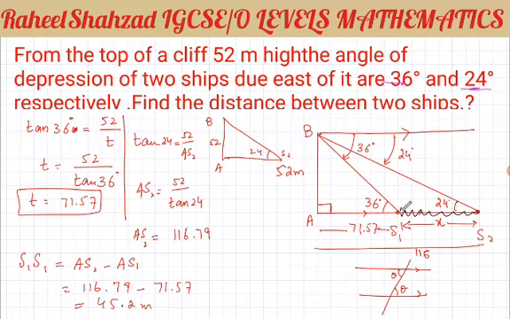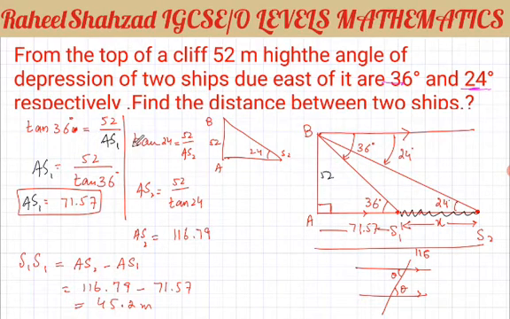That means this length AS1 is 71.57. Then we assume that ABS2 is a bigger triangle. This is 52, this is 24, and we can find the distance of A to S2.